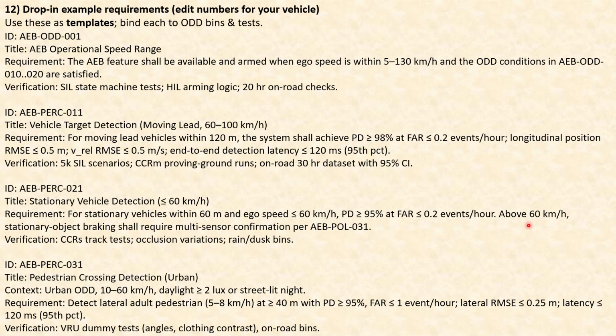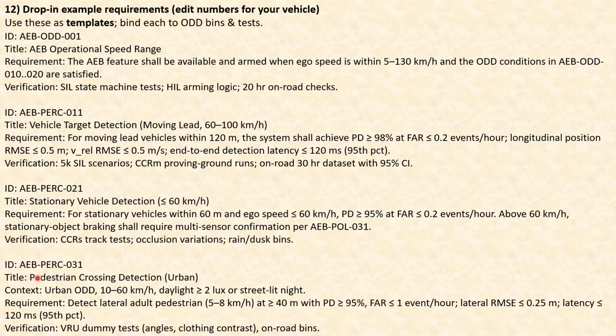And above 60 km per hour, stationary object braking shall require multi-sensor confirmation for AEB. The verification is CCRs, track tests, occlusion variants, rain and dusk bins. So these are all the verifications that must be traced from the requirements.